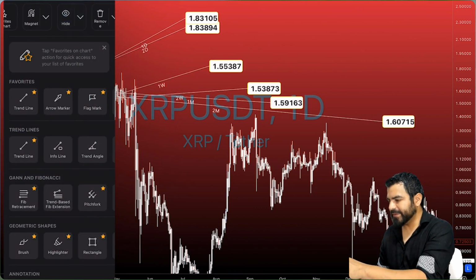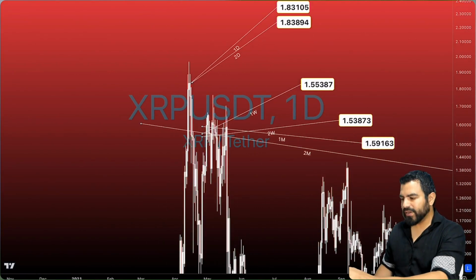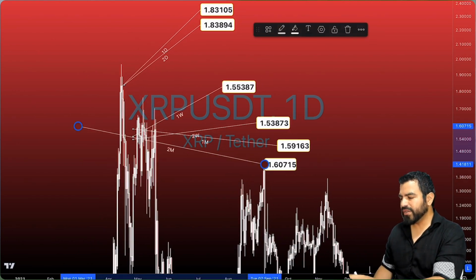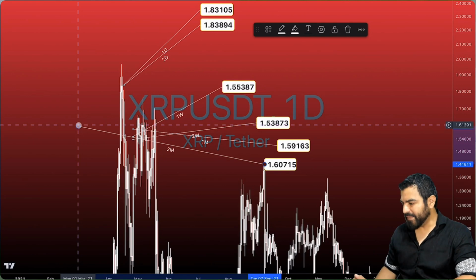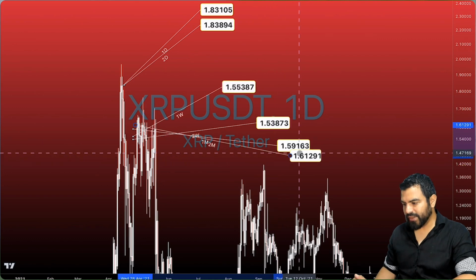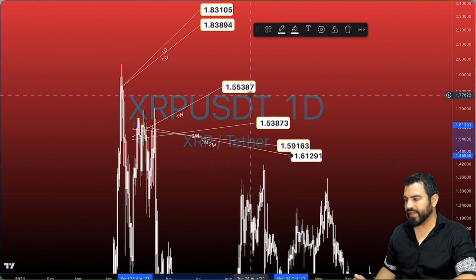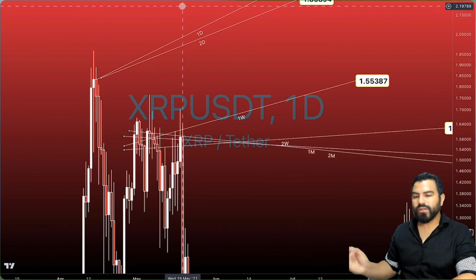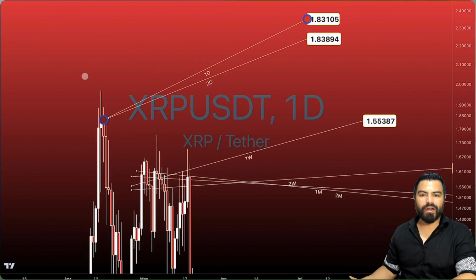So I'm going to unhide this. If we look at core cluster, we identified many of these charts were all talking about these price zones. 161, 159, 153, 155, and only the daily and 2-day were way up there.